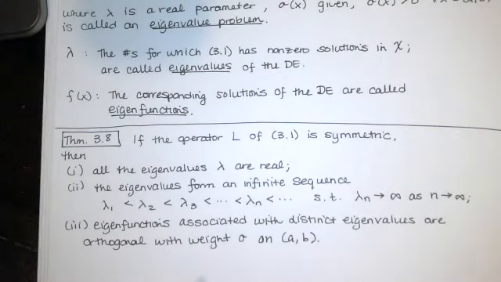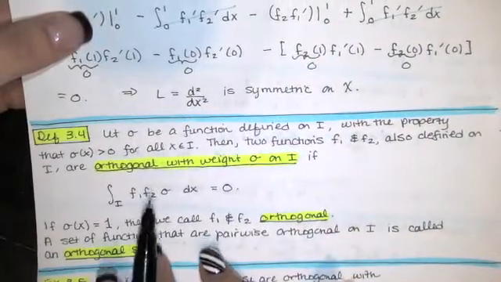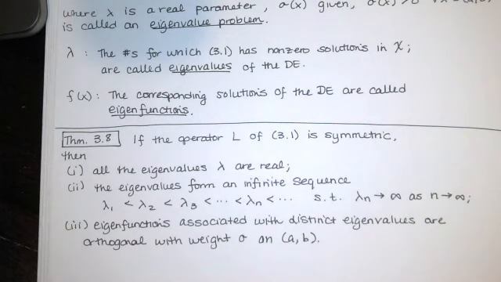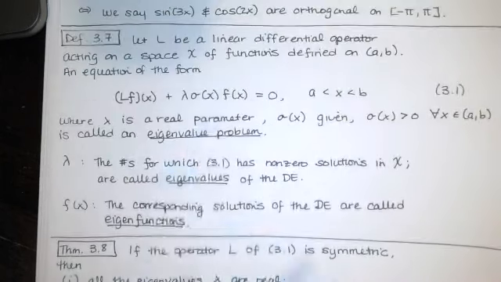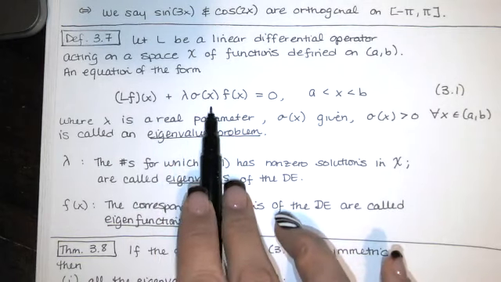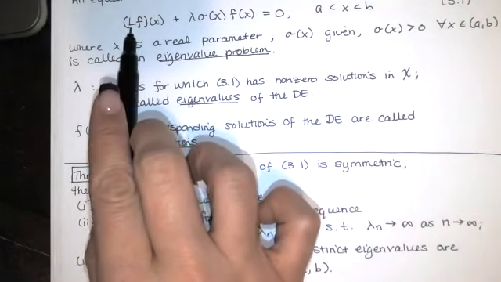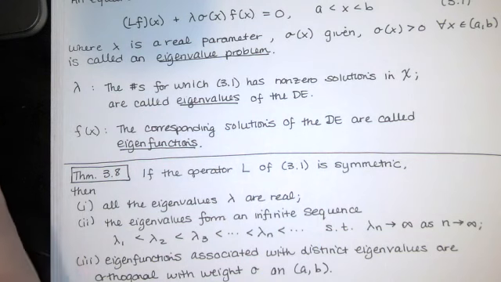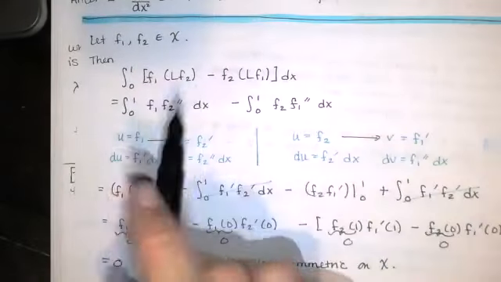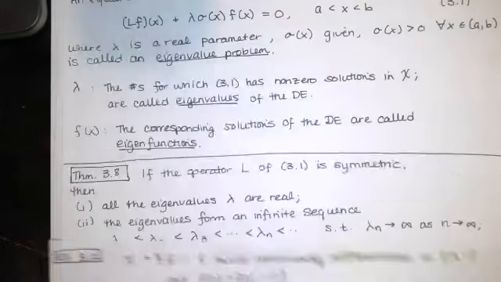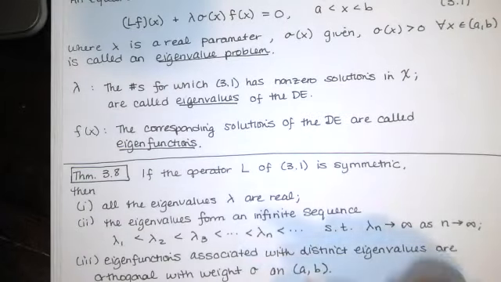There's an eigenfunction associated with each of these eigenvalues. So you've got infinitely many eigenvalues and a corresponding infinitely many eigenfunctions, and those functions are orthogonal to each other. All of the eigenvalues of the eigenvalue problem that we have right here are guaranteed to be real, and all of this is guaranteed to be true, provided that this operator L is symmetric. And again, what does it mean to be symmetric? It means that this is going to be 0 all the time. Okay, that's where we're at.